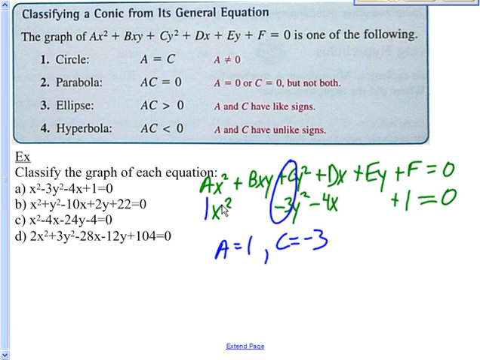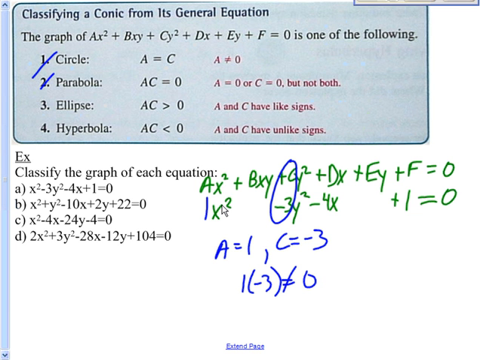So let's do, is it a circle? So I'm looking up above here. Does A equal C? Does 1 equal negative 3? No, not a circle, right? Does A times C equal 0? Well, 1 times negative 3, does that equal 0? No, that's negative 3, so it's not a parabola.